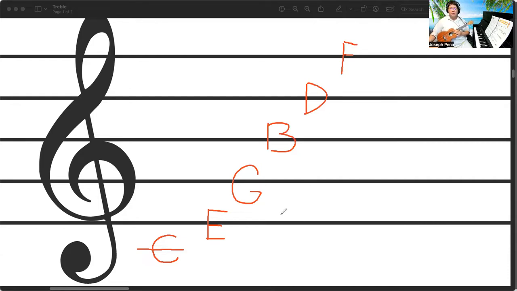So the words are, once again, let's say that together. Could every good burger deserve fries? I want us to always remember that, please, because that will help us to remember which line has which note name.